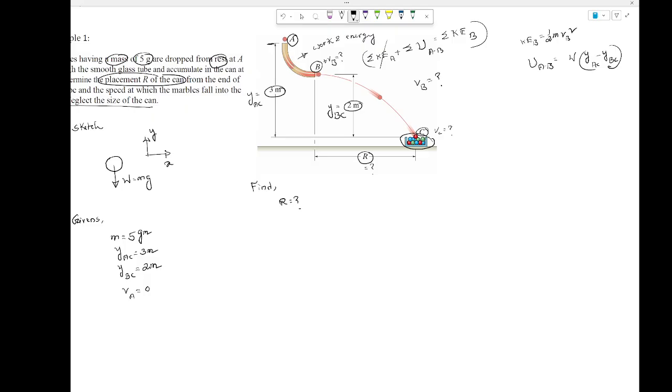Okay, all right. So now when you use these equations, you should be able to find the value of the BV with no problem. So that's the BV, or the velocity at location B.